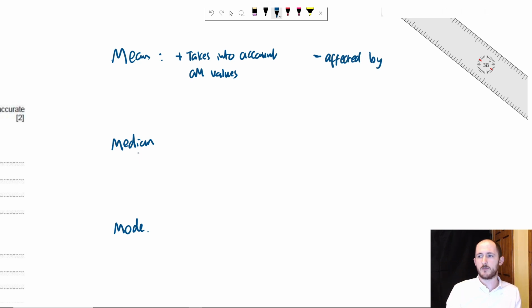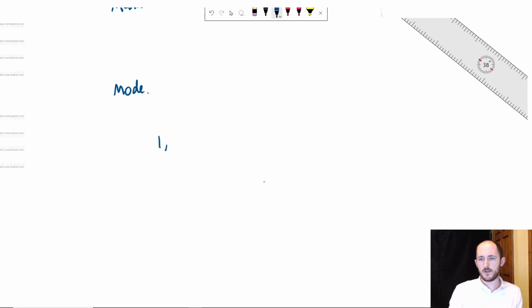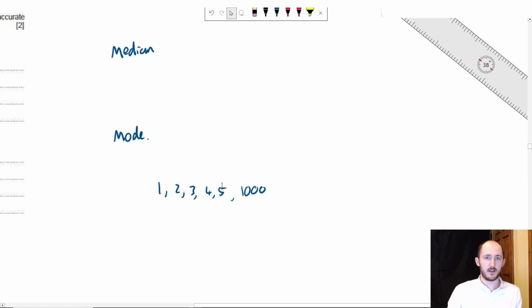Let me give you an example. Say we had a set of data: 1, 2, 3, 4, 5, and then 1,000. If I work out the mean of this data, I'm going to get a number around 990, 980. But does that actually tell me what the middle of the data is? Does that make sense as the middle of the data?